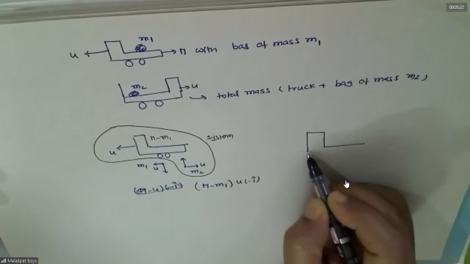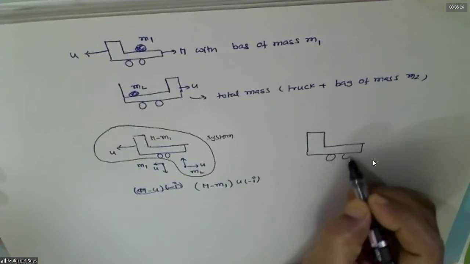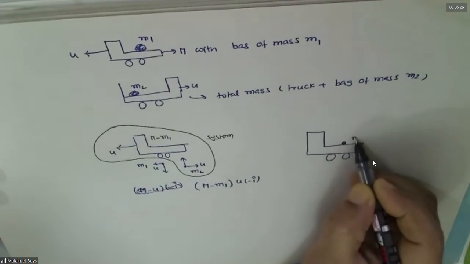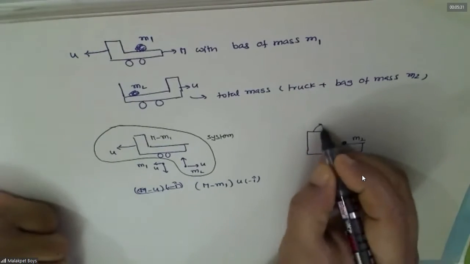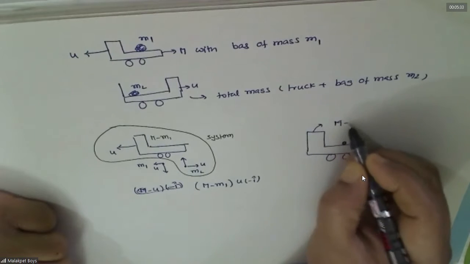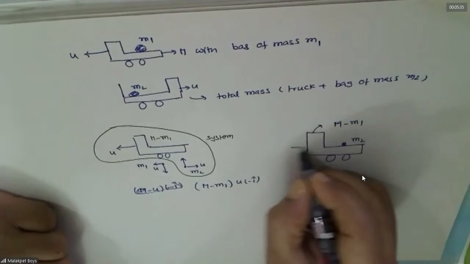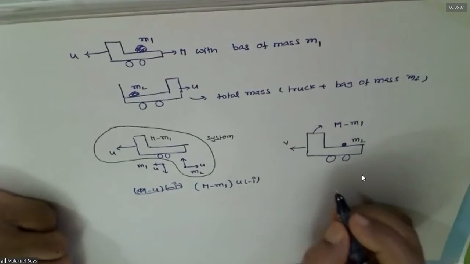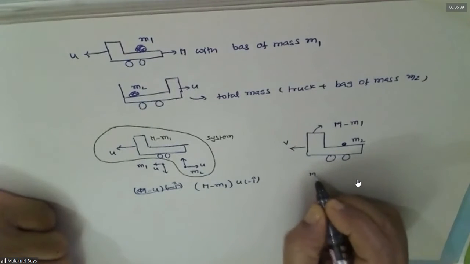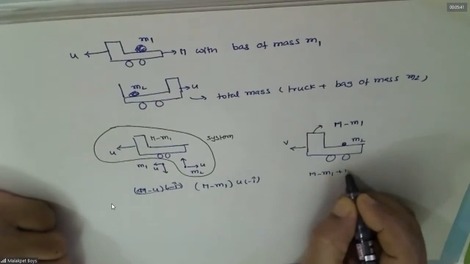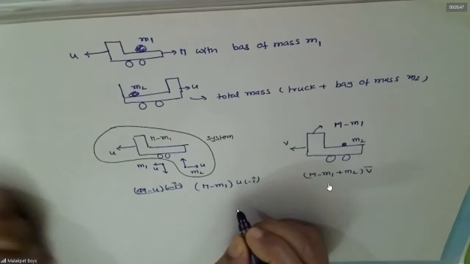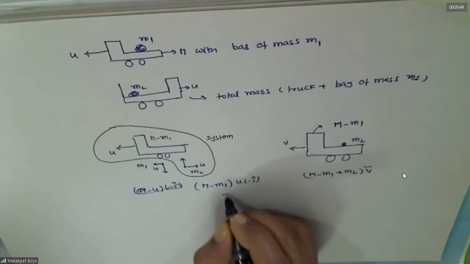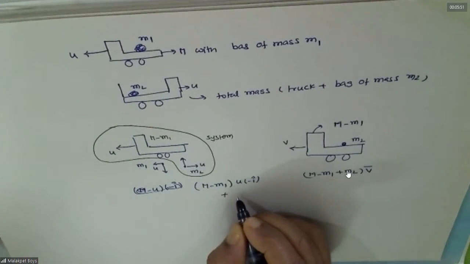Now afterwards, it falls onto this. So now you will have M2, no? Agreed. And now the mass of this is M minus M1 plus this, which is coming now.